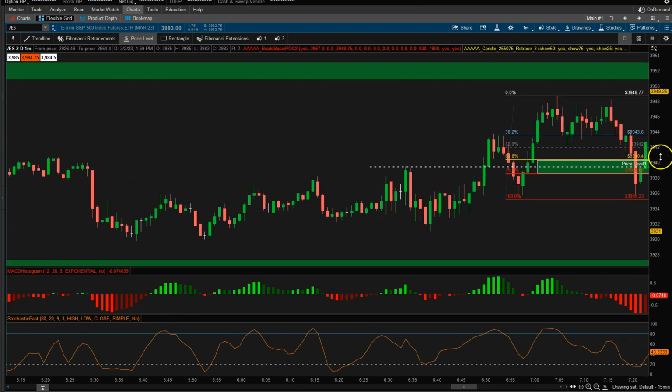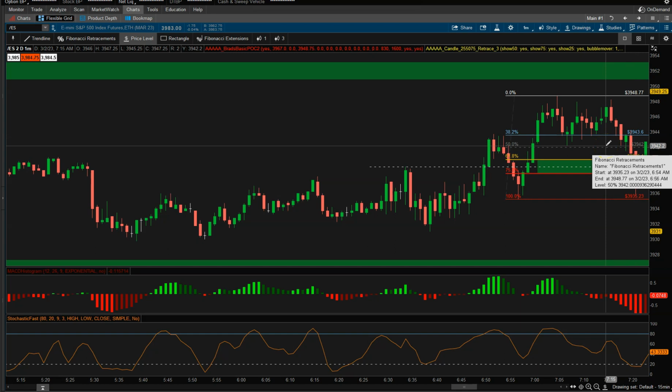So it comes down, and it would have filled us, but my stop would have been below this prior low. We never would have gotten stopped out. It came close, but we never got stopped out, because if we took out the low, the whole structure of the market would have flipped.